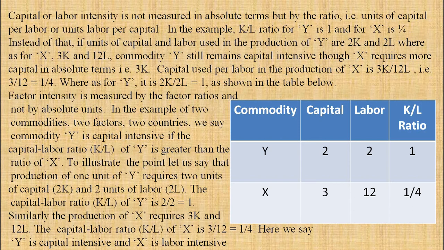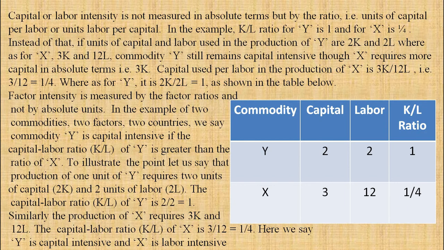In the example, the K/L ratio for Y is 1 and for X is 1 by 4. Instead of that, if units of capital and labor used in the production of Y are 2K and 2L, whereas for X 3K and 12L, commodity Y still remains capital intensive, though X requires more capital in absolute terms, that is 3K.